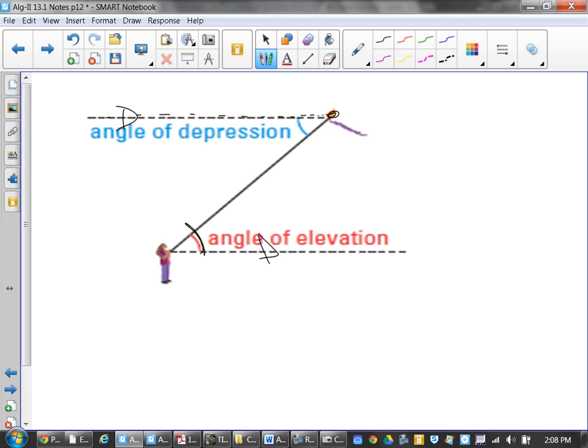And when it's looking down at something, it's called an angle of depression. Angles of elevation and angles of depression are congruent because of two parallel lines cut by a transversal. You have alternate interior angles that are congruent. It all comes back to haunt you, I know.